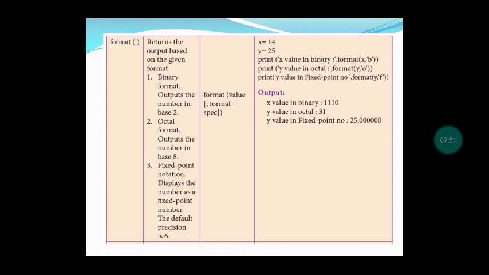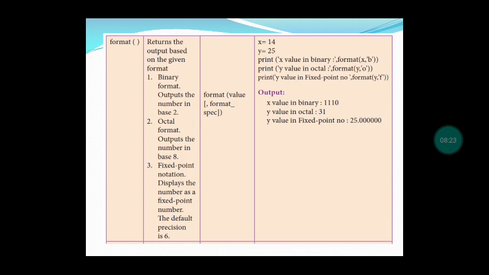That is 14 comma b. And next one is y value 25, 25 comma o. B means it gives the binary value for 14, because in x 14 is there. So it gives the binary value. Next one, format of y comma o. O means octal. So the octal value for 25 has been given, that is 31.